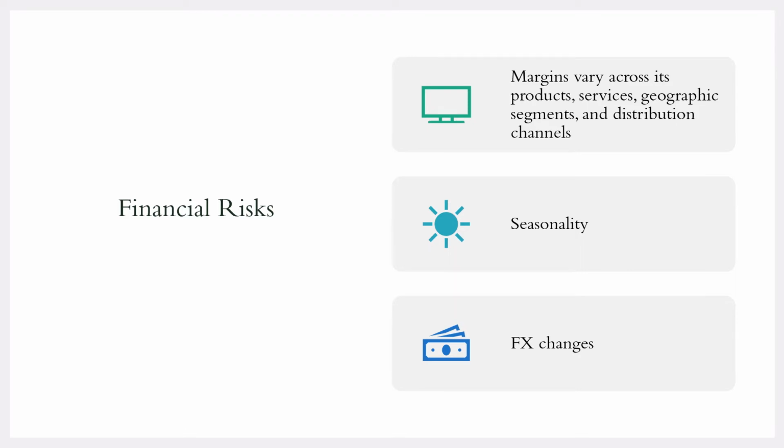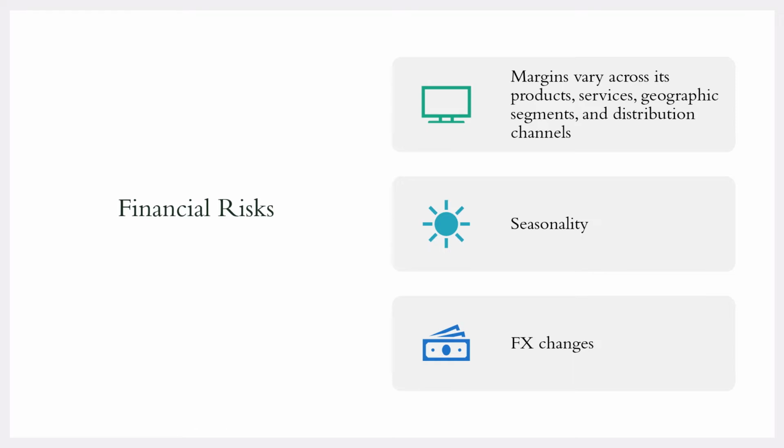There's also a seasonality standpoint. So we just went over how margins vary, and there's so much, as I just mentioned, that goes into margins as it relates to their various segments of product and services, and you can further segment that on a geographic basis. But now we're going to talk a little bit about seasonality.